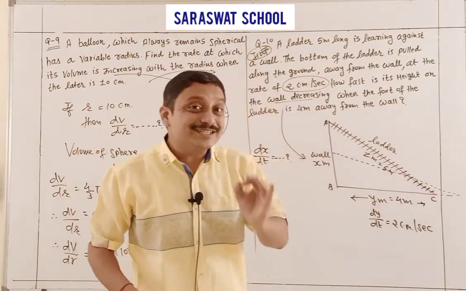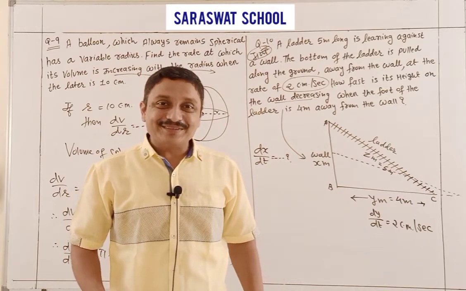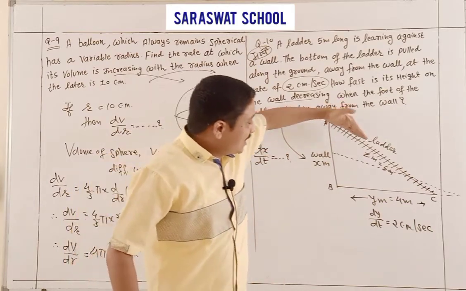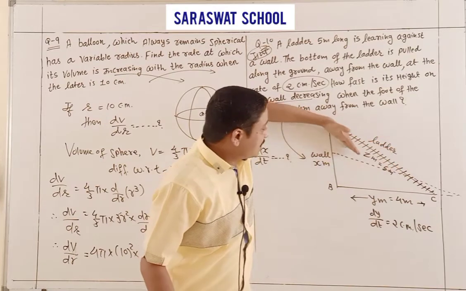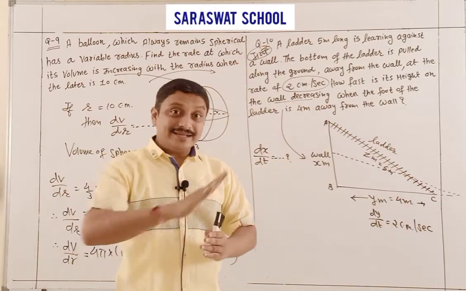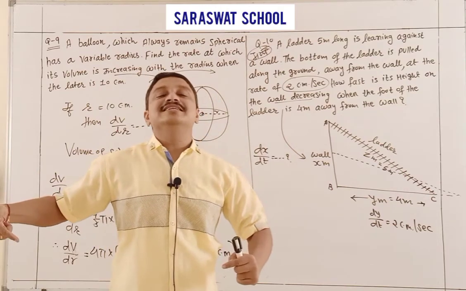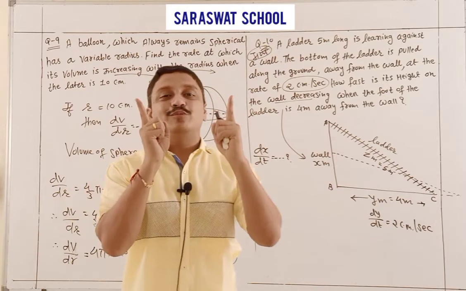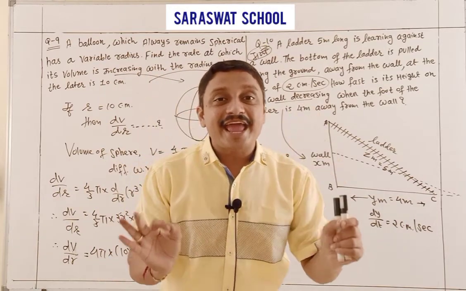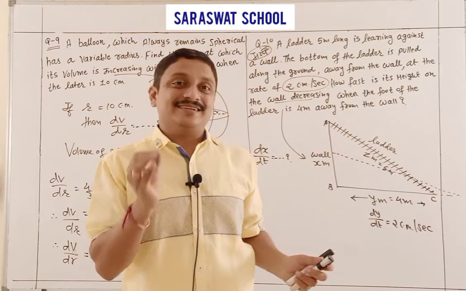It means it is constant, and the derivative of a constant is 0. If you slightly move away from the wall, the ladder is the same. Only the height is decreasing, the bottom is moving. It means the length of the ladder is the same, constant, so its derivative is 0.